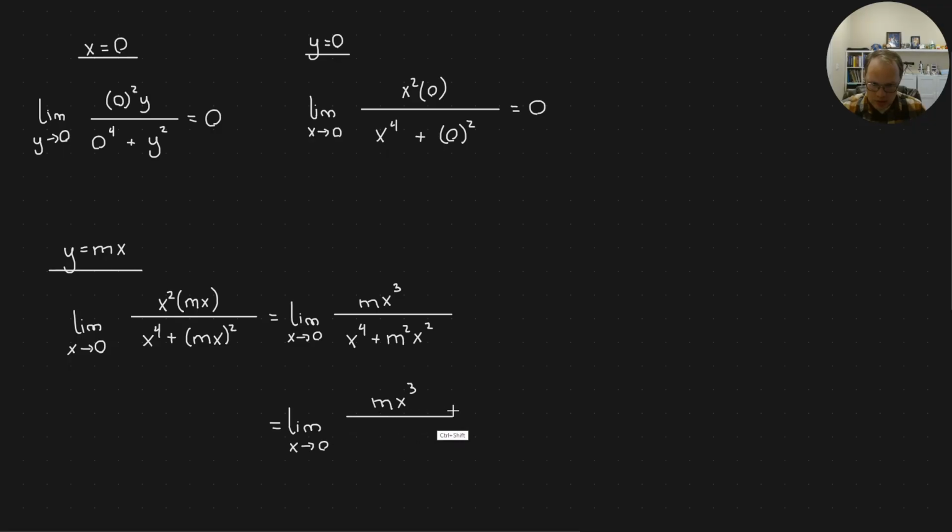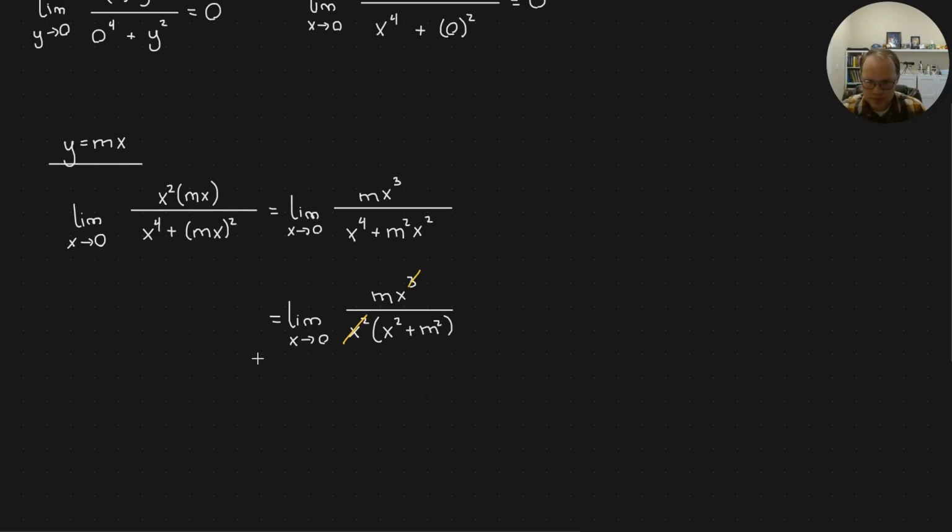So mx cubed over, factor out that common x squared, leaves me with x squared plus m squared. Okay, and I can cancel these two x's with two of these x's. Limit as x approaches 0. My numerator is now just mx. I'm dividing by x squared plus m squared.